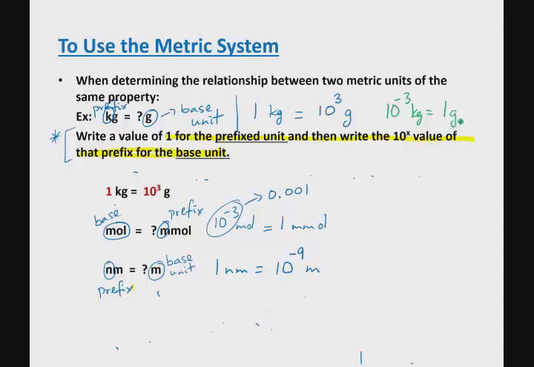Similarly, if 10 raised to minus 3 moles equals 1 millimole, 1 mole equals 1000 millimoles. Once again, totally okay to do that. And similarly, 10 raised to plus 9 nanometers equals 1 meter. Please switch those around only if you are comfortable with the metric system. If you are not comfortable with the metric system, follow the strategy outlined here in order to not make a mistake.